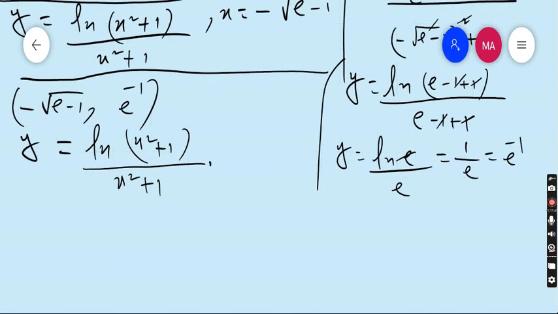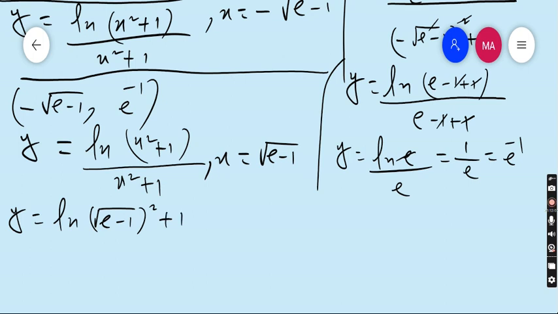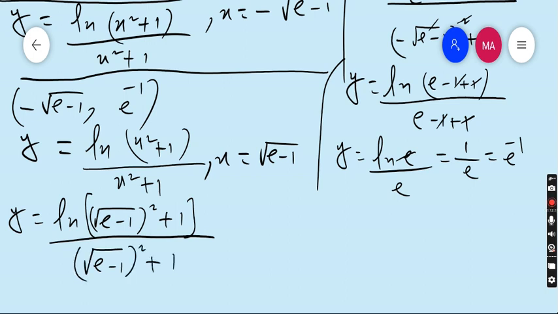The third value of x is equal to root of (e minus 1). y = ln of (root of (e minus 1)) square plus 1 upon (root of (e minus 1)) square plus 1.